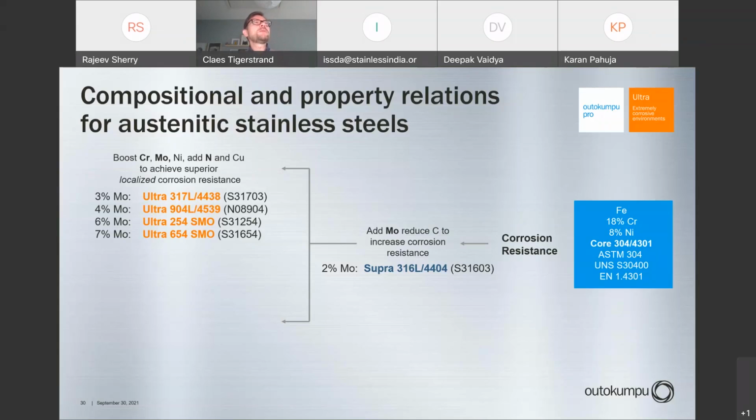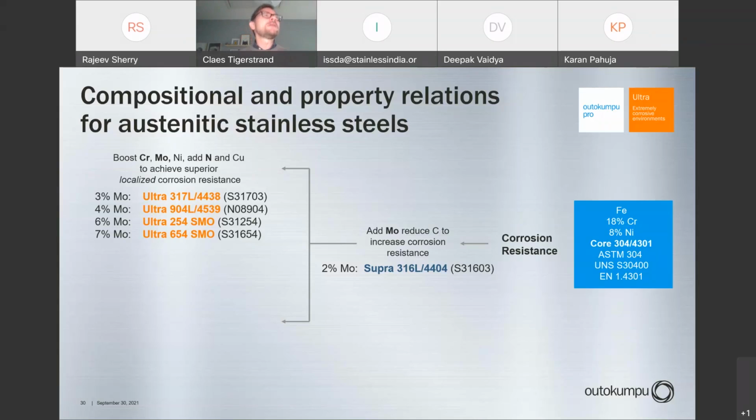So here we have grades with 3% moly. You have the type 317 grade, Ultra 317L, or you have 4% molybdenum, the Ultra 904L grade, or 6 moly grades.